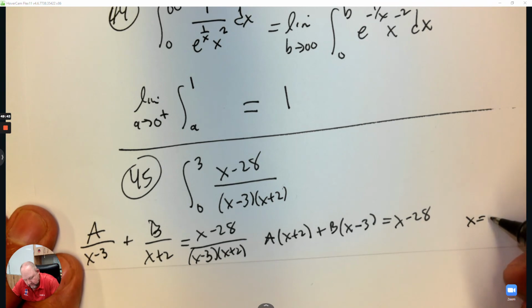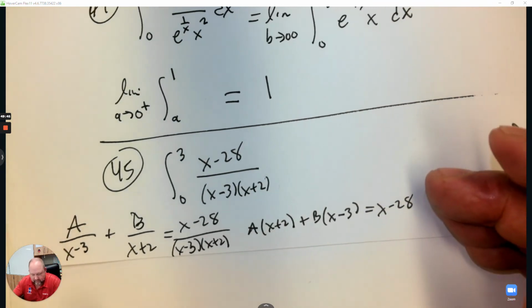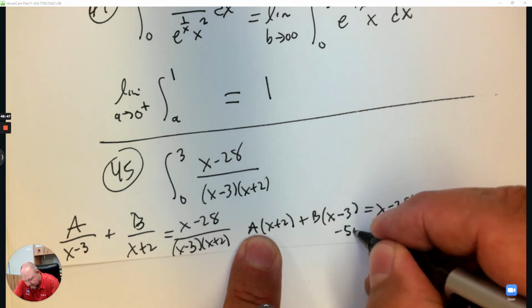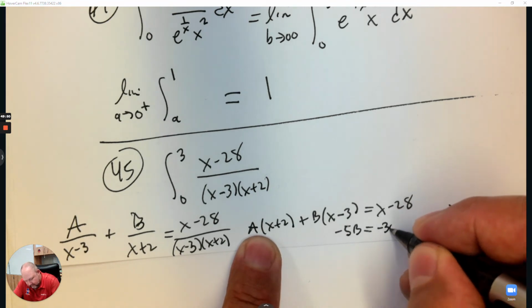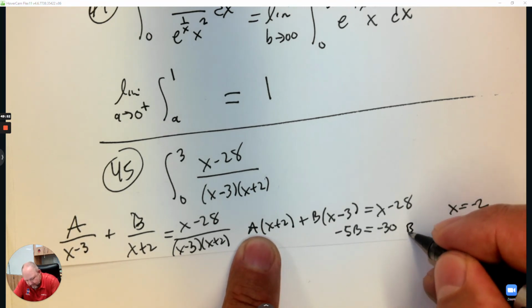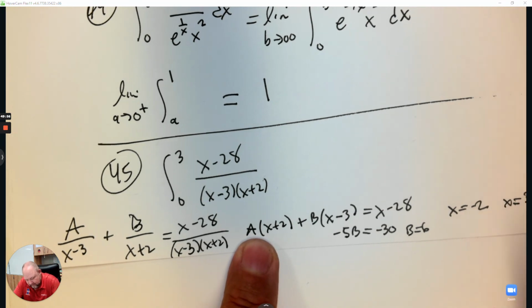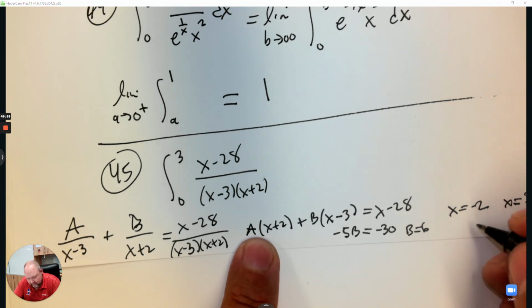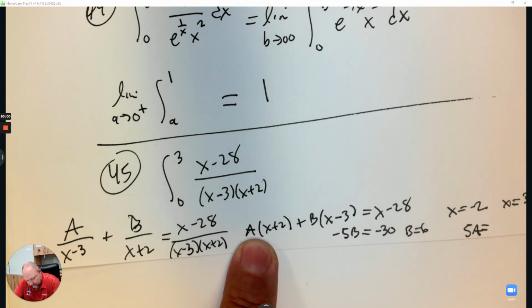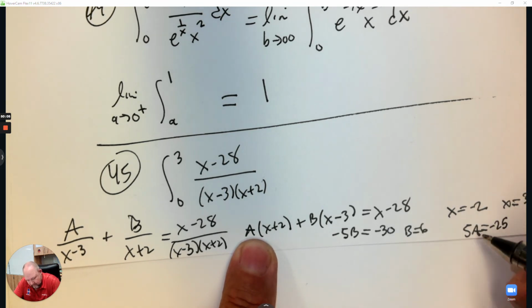So I'm going to use negative 2. If I plug in negative 2, I get negative 5b and negative 30. So b is 6. I'm also going to use positive 3. That's 5a and negative 25. 3 take away 28.